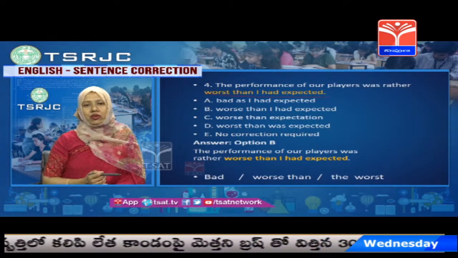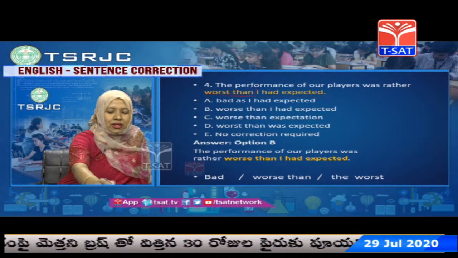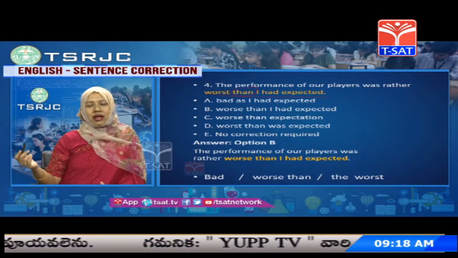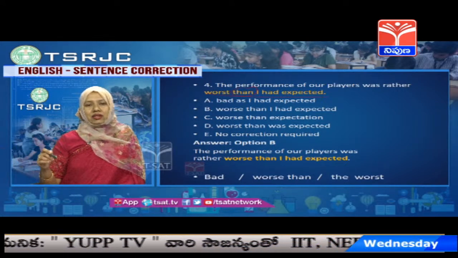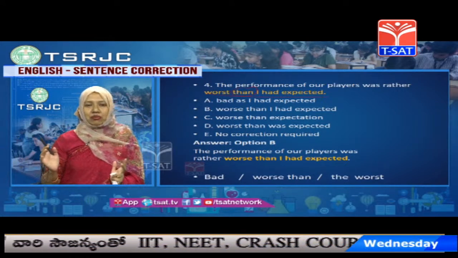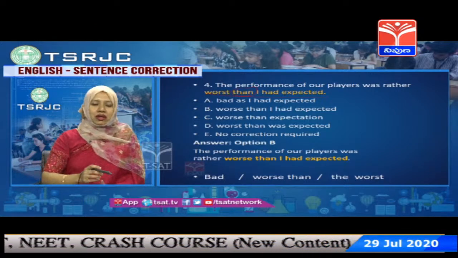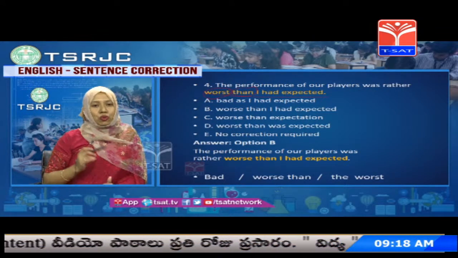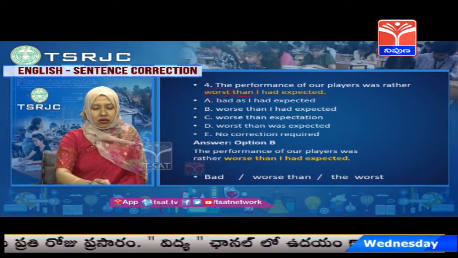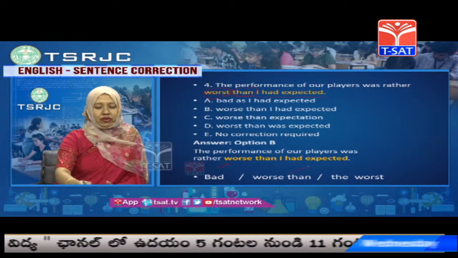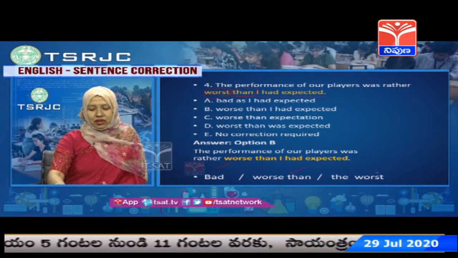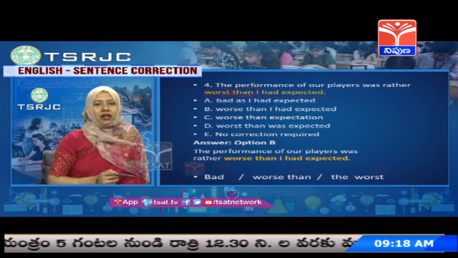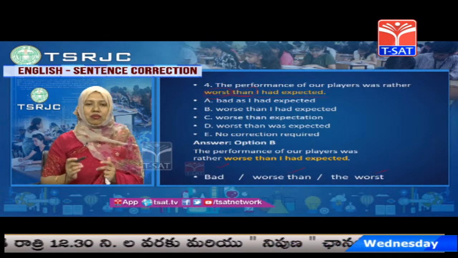Just now I have explained to you, whenever than is there, than is used in comparative degree. After greater than, shorter than, longer than, after the adjective you use than to show comparison. Here worst is the superlative degree. Bad, positive degree, worse, comparative degree, worst, superlative degree. So, both superlative degree and than cannot go together. There is a mistake here.